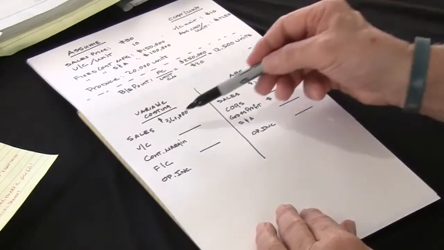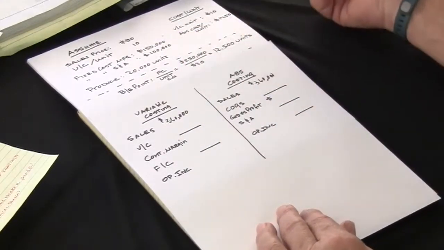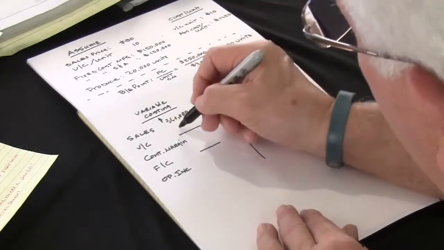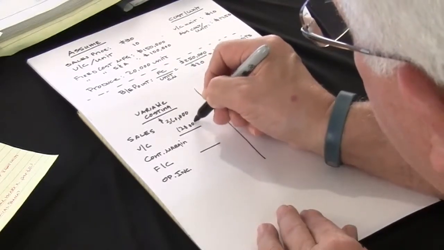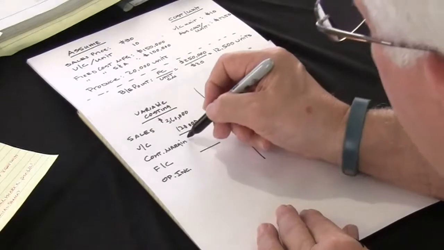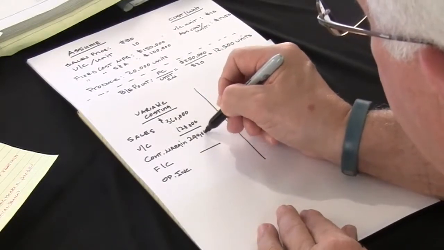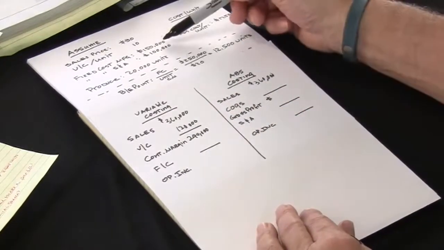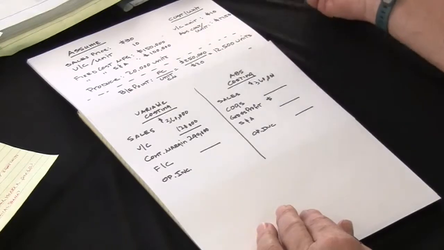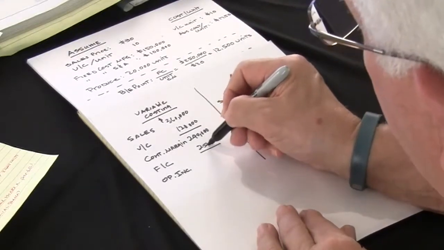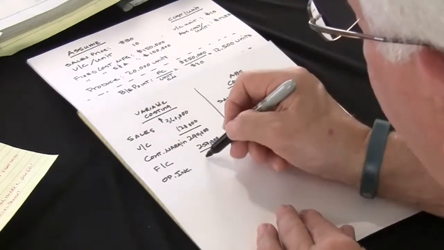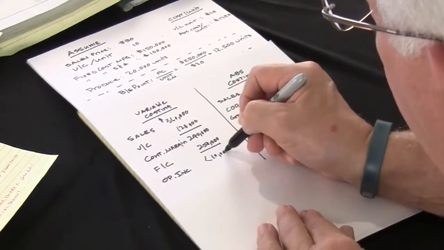The variable cost of goods, however, is $10 times those same 12,000 units, or $120,000, yielding us a contribution margin of $240,000. And since our combined fixed cost of manufacturing and fixed cost of selling are $250,000, clearly we're selling below the break-even point. So under variable costing, we have a loss of $10,000.